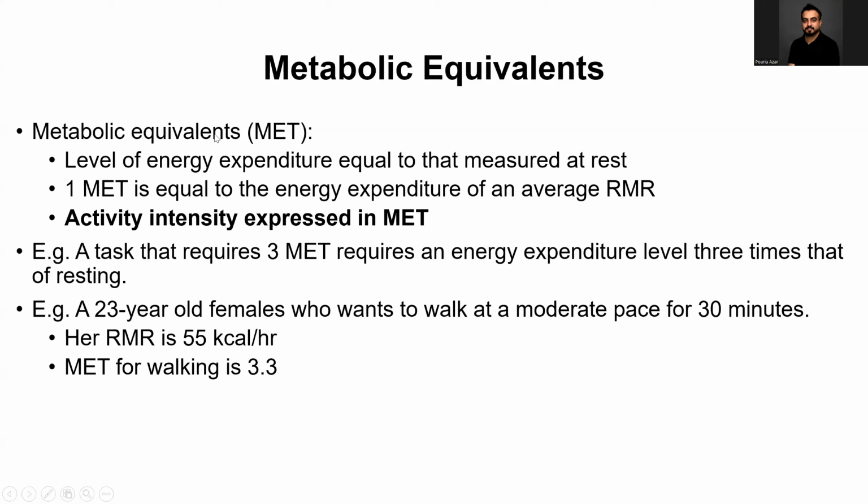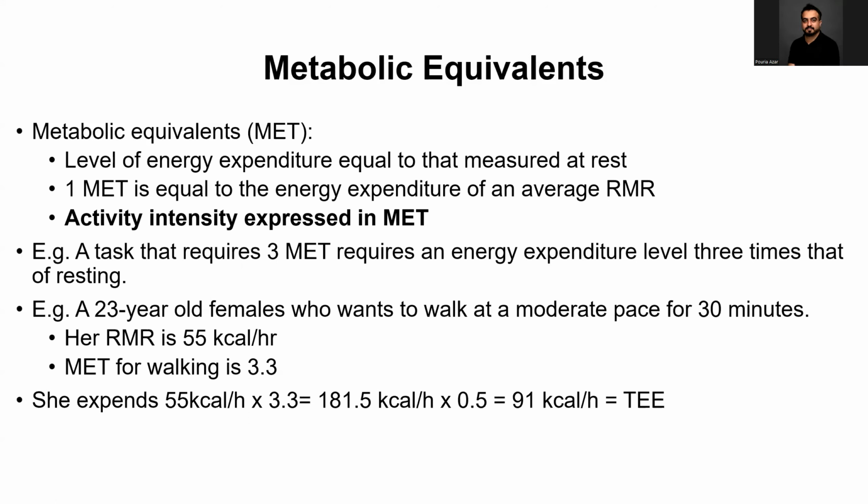And as we said, 1 MET is equal to the energy expenditure of an average resting metabolic rate. So the MET for walking is 3.3, and there is a table showing the MET for different types of physical activity and exercises.